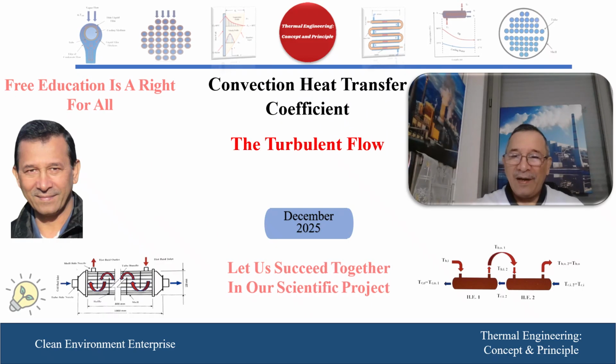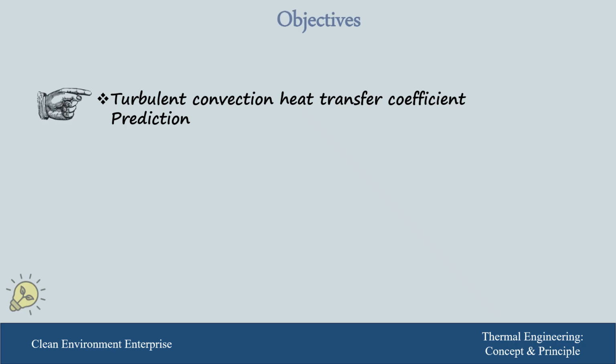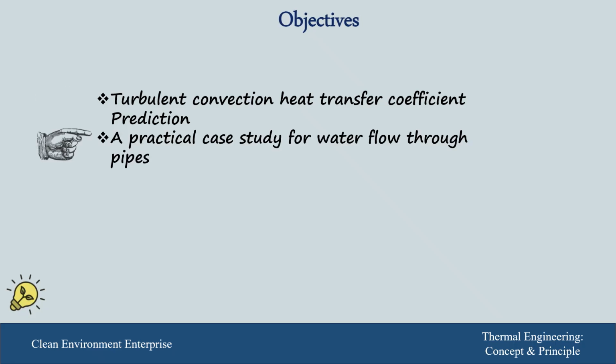And let us pass through some of the objectives of the present episode. The main objectives of the present episode are: what's the meaning of turbulent convection heat transfer coefficient and its method of prediction?